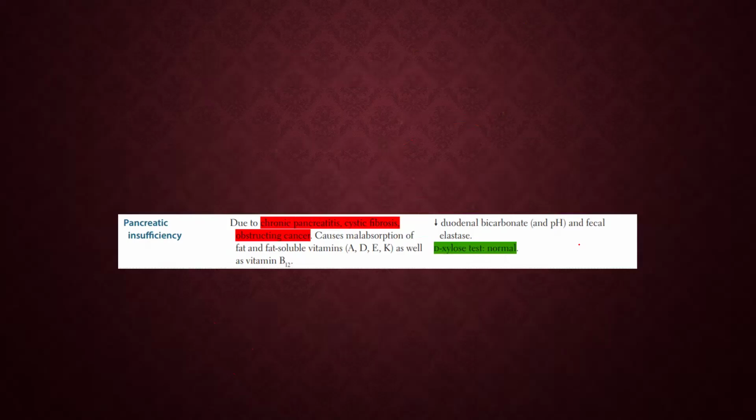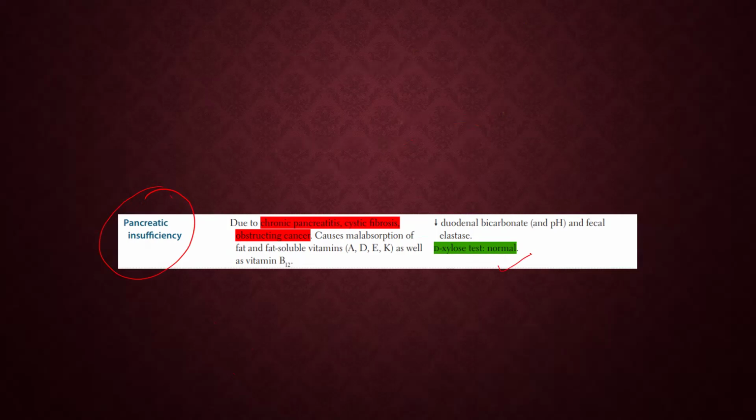So, pancreatic insufficiency. As we already know, the high-yield point is that D-xylose is normal, right? D-xylose is basically the test that differentiates mucosal pathology from other pathologies, and it also assesses carbohydrate absorption, right?